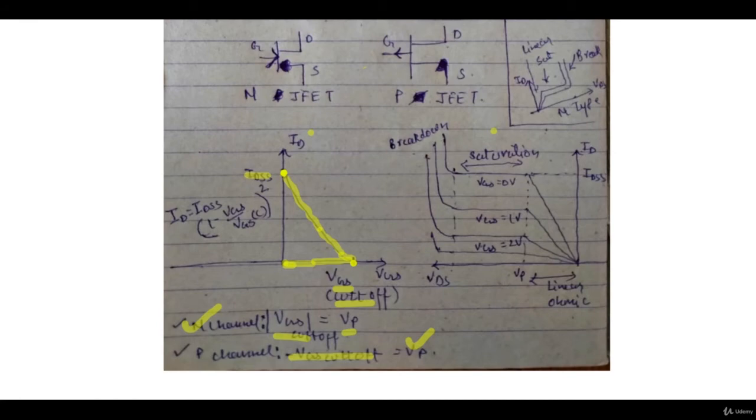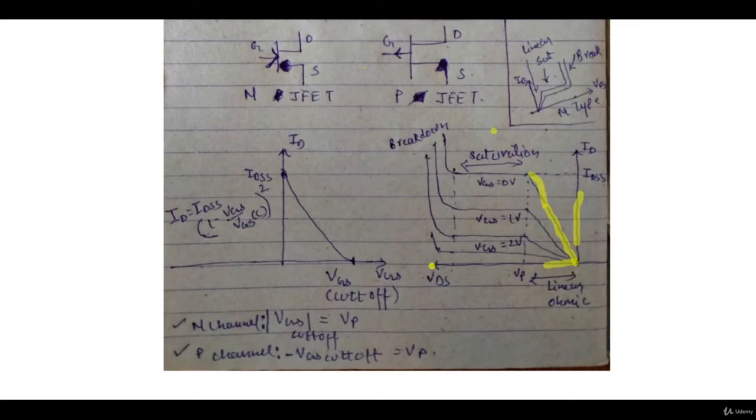Then if you come to drain characteristics, that is how the drain characteristics will look. Here we are increasing the drain source voltage in the negative direction, and the current is positive. If you increase the value in the initial stage till Vp, it will show a linear resistor behavior.